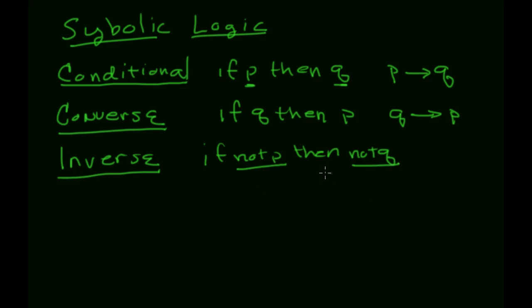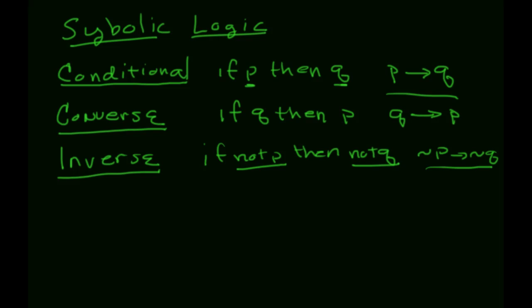We would write this notationally as not p implies not q. It's the same as the conditional statement, but we negate the two parts. Like if today is Monday, then tomorrow is Tuesday. The inverse would be if today is not Monday, then tomorrow is not Tuesday.